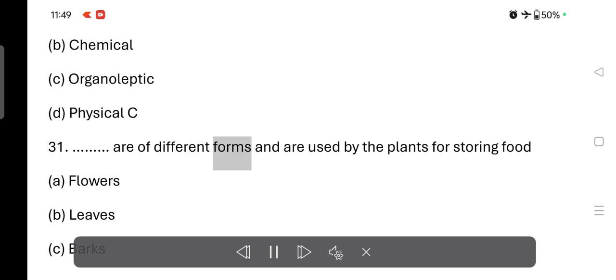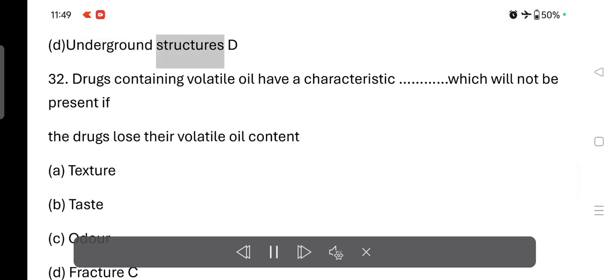Answer: C. 31. Are of different forms and are used by the plants for storing food. A. Flowers. B. Leaves. C. Barks. D. Underground structures. Answer: D. 32. Drugs containing volatile oil have a characteristic, which will not be present if the drugs lose their volatile oil content.